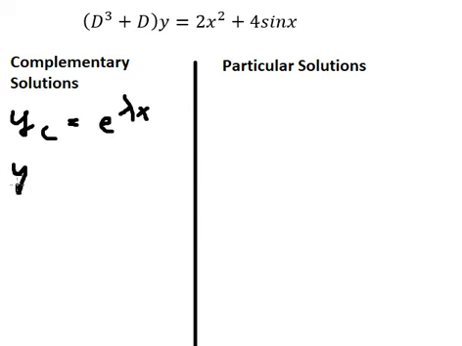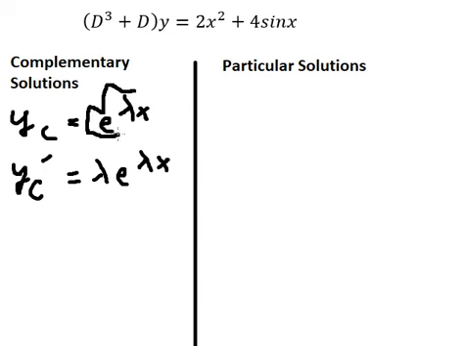Later, we need to find the first derivative of yc, and that is lambda e to the power of lambda s. Then the second derivative, you get lambda squared e to the power of lambda s.